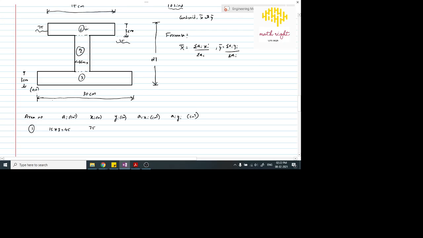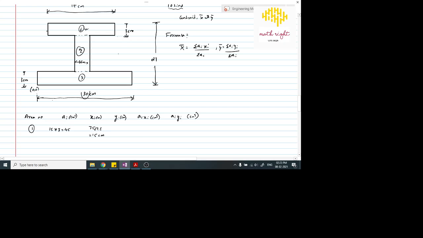If we add 7.5 plus 15, we get the value of 30. Total 30, in which this area itself occupies 15, so the remaining is 7.5 on this side and 7.5 on this side. So we can write this as 7.5 plus 7.5, which is equal to 15 centimeter.